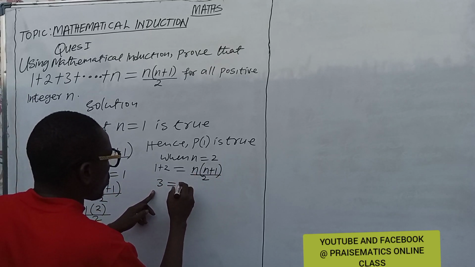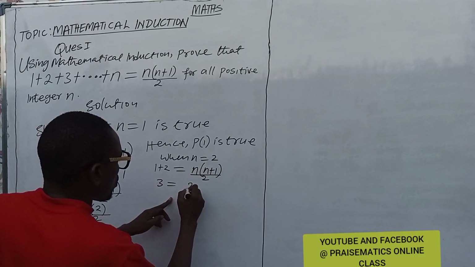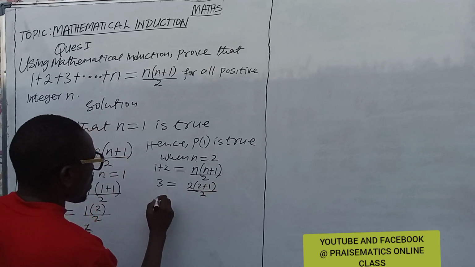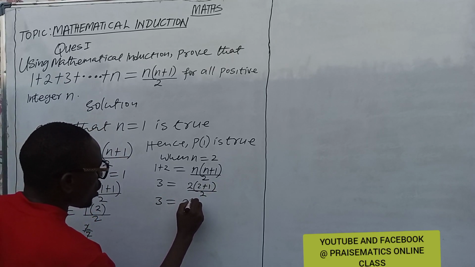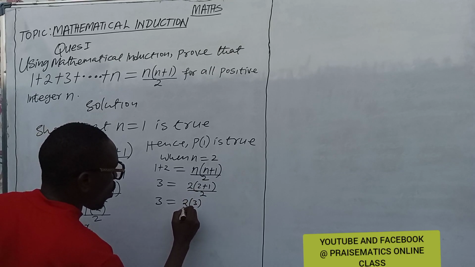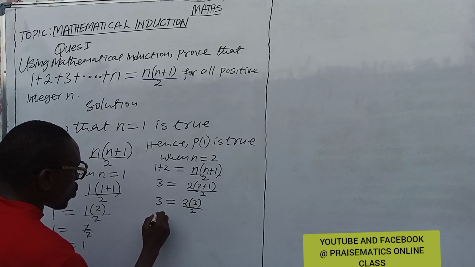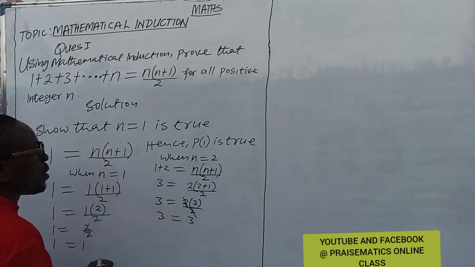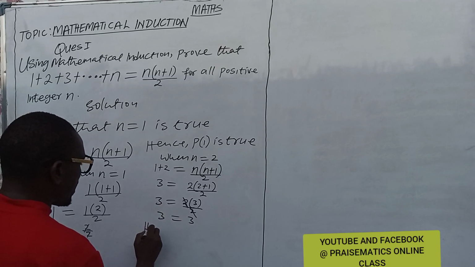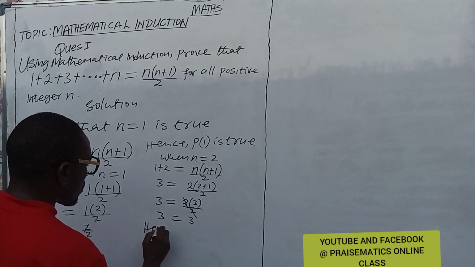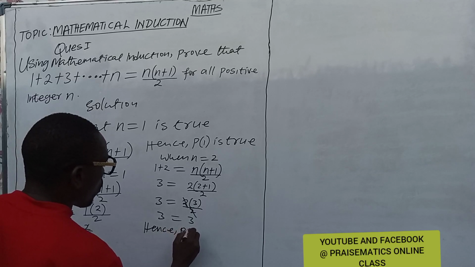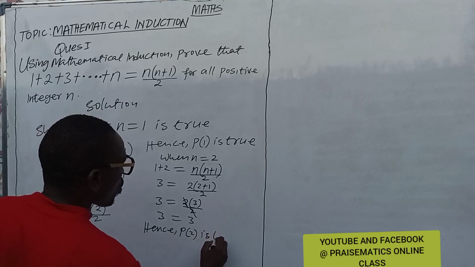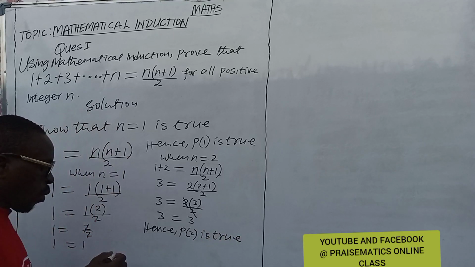Anywhere we see n, put 2: 2 into 2 plus 1 all over 2. So 3 equals 2 into 3 all over 2. The 2 will cancel, and 3 equals 3. You can see hence that P of 2 is true.